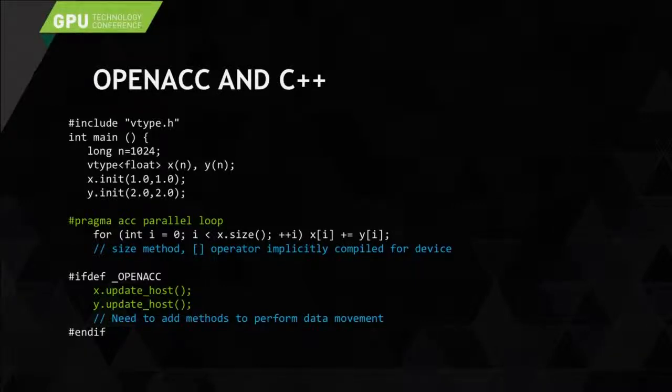The other thing I did need to add is the explicit data movement. So data movement is very important for performance on accelerators because it costs a lot of time to copy data back and forth. So one thing I could do is encapsulate my data movement inside this class and hide it from the end user. That's one possibility. But you want to be able to do it in aggregate in big chunks.